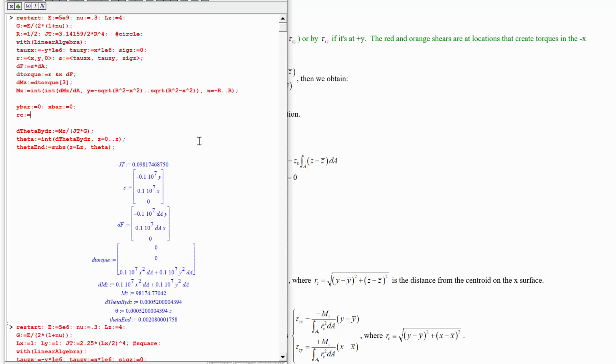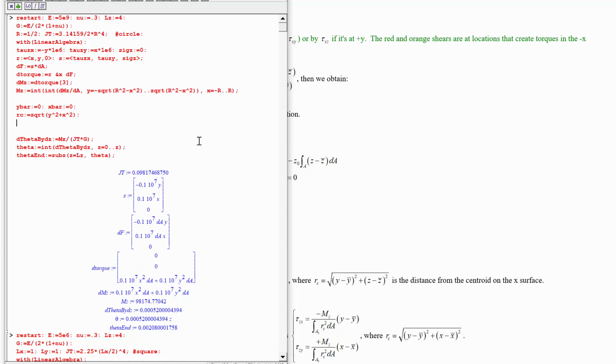We'll have RC is equal to square root of y squared plus x squared, because the y bars are 0. And then int RC squared will be equal to the same integral, except what we're integrating is now RC squared. Yeah? So what do we get for this?